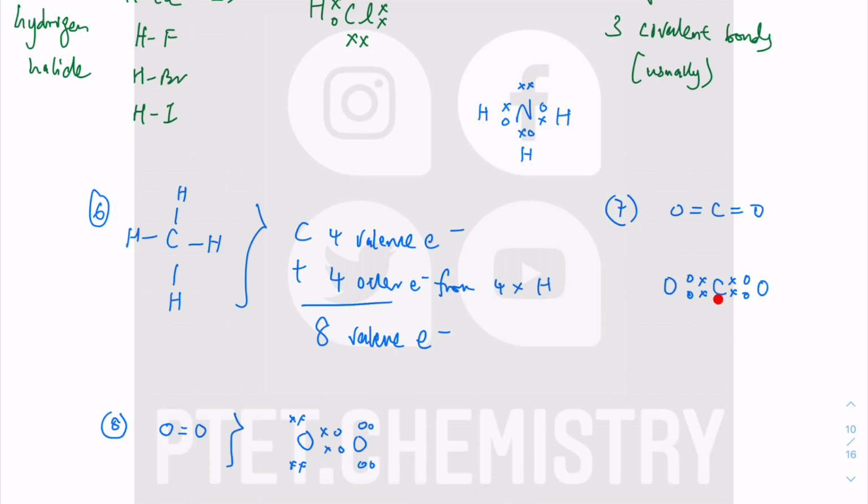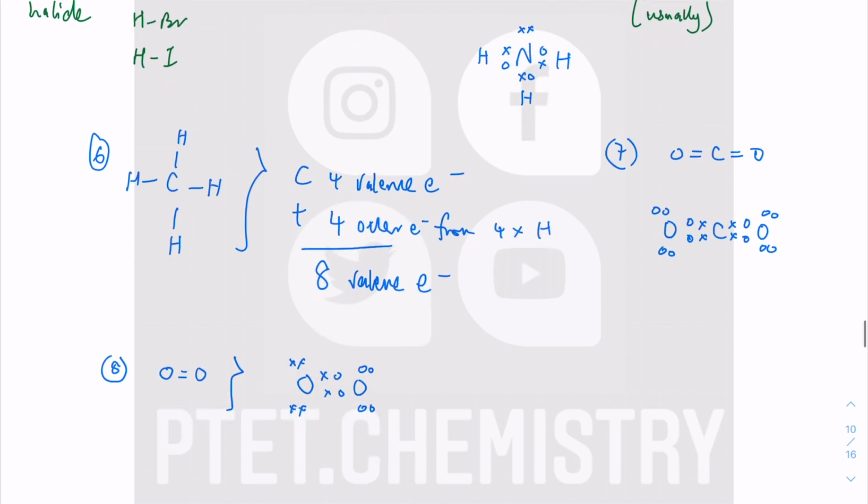They are completely used up for carbon, but for oxygen, each oxygen will have 4 more non-bonding electrons. I need to be careful of the words I use. I keep on saying unpaired electrons because that is the term you will use when you go to A levels. In O level you can just think about bonding electrons and non-bonding electrons.